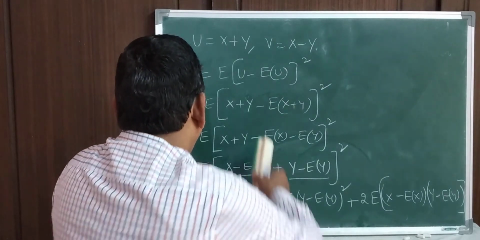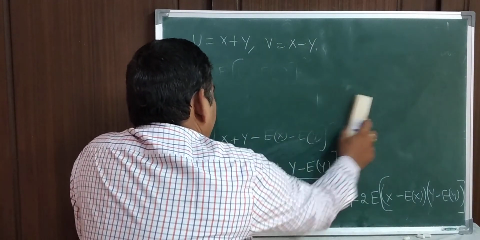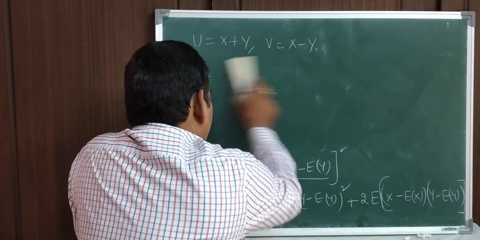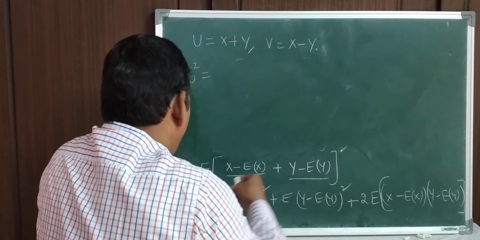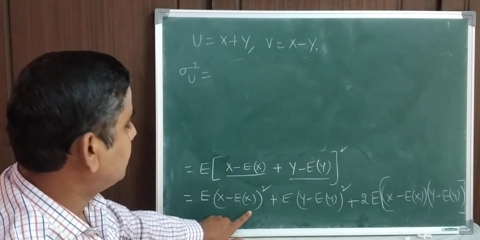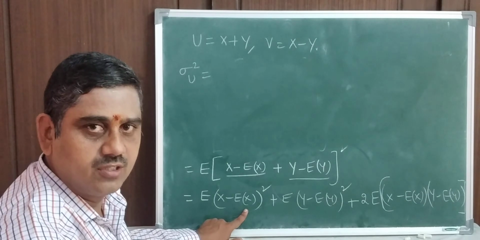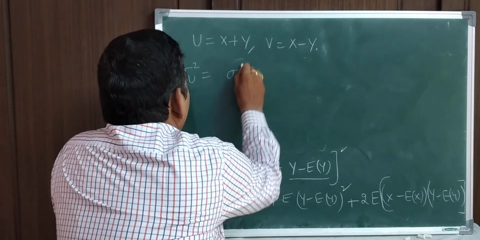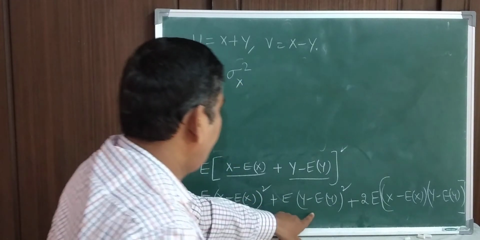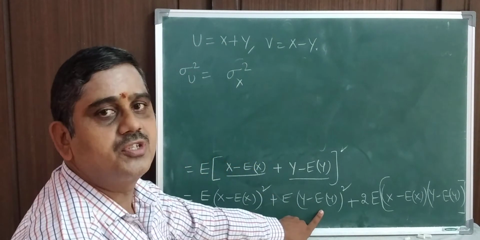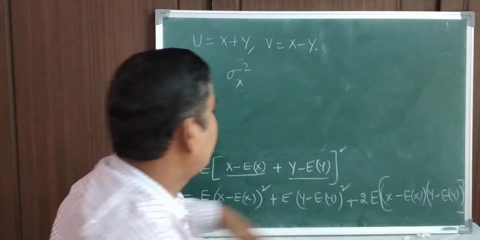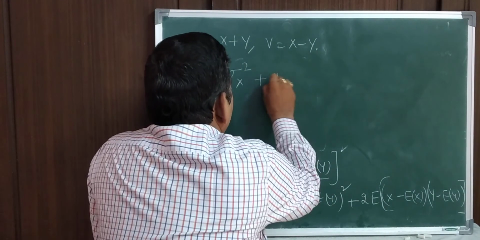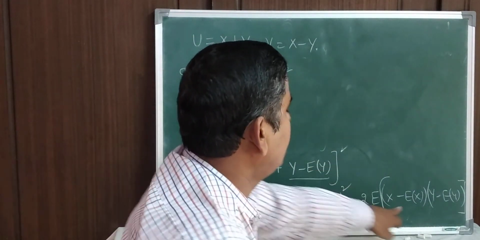So what is sigma square u? Expectation of x minus expectation of x whole square is the variance of x, so it is sigma square x. Expectation of y minus expectation of y whole square is the variance, sigma square y. What is the last term?